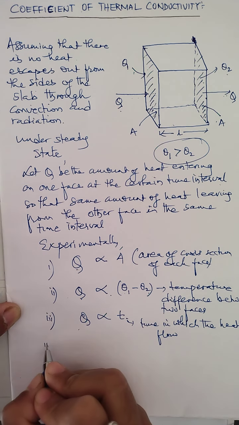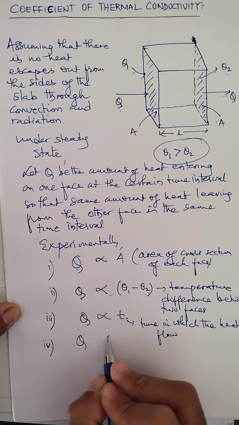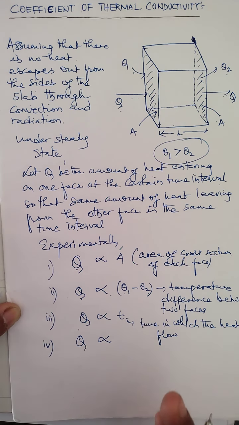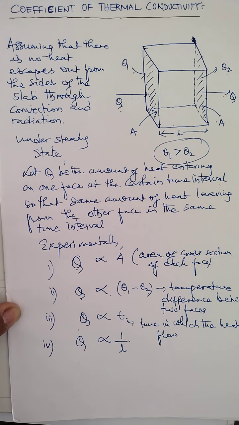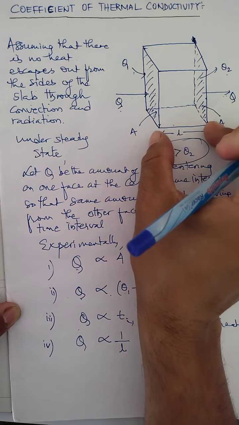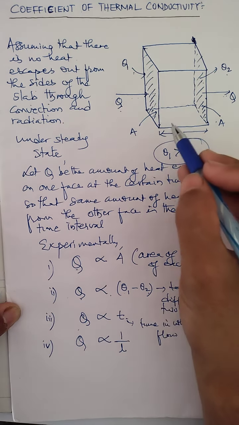And lastly, that is number 4, the quantity of heat Q is inversely proportional. Now this is not directly, this is inversely proportional to the distance between the two phases. And that distance between two phases is also the length of the slab. So L is nothing but the distance between the two phases.